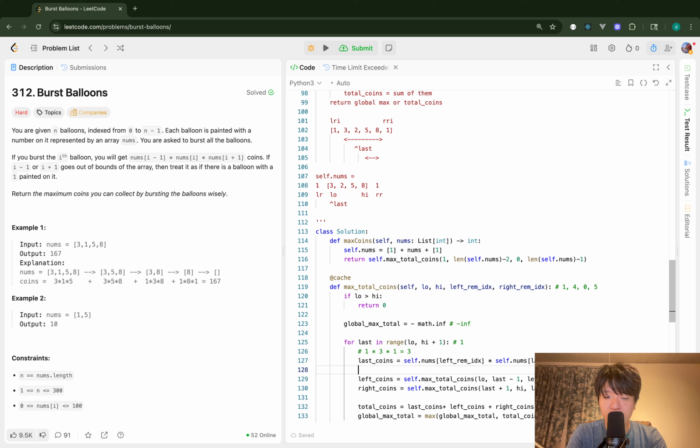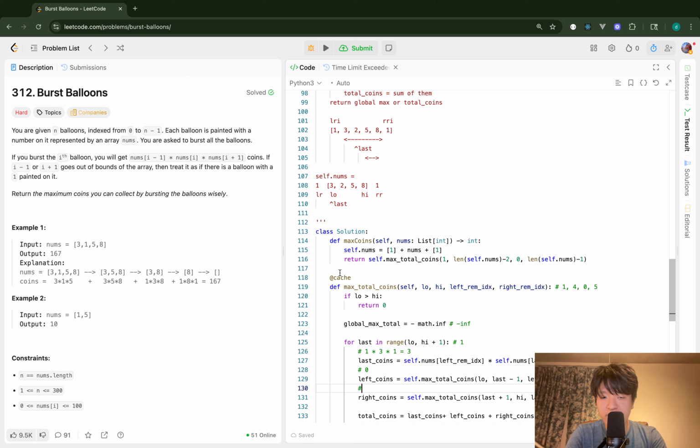Yes, this is good. For left coins, I call the recursive function, but here the first two arguments, low and high, should be 3 and 3 minus 1, which is 2. So 3, 2, in this case, is obviously the edge case in line 120, so this should be 0.